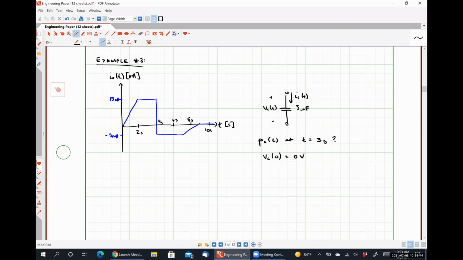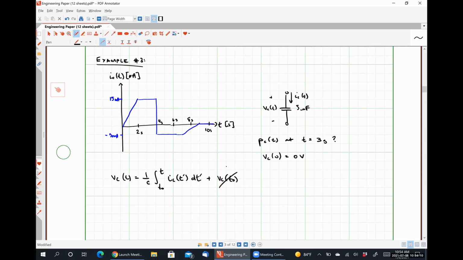So if we're ever given the current, whether it be a mathematical expression or a picture, we're going to go back to that equation that we just used. VC of t is equal to 1/c integral from t naught to t IC t prime dt prime plus VC at t naught.